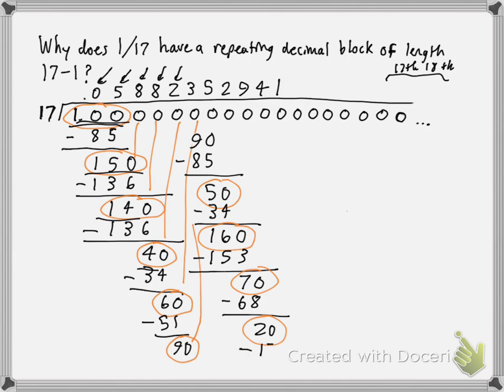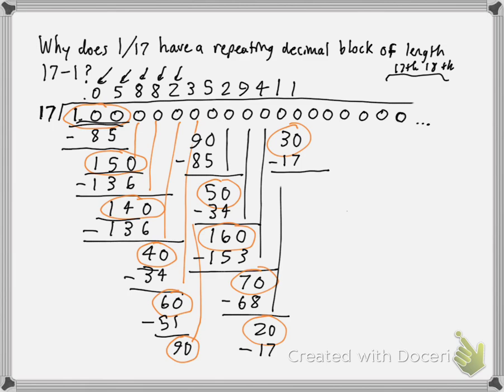We subtract 20 minus 17 to get 3, carry the 0, and get 30. A new multiple of 10 pops up. And 17 goes into 30 once. Subtract 17 from that. 30 minus 17 is going to be 13. And then we carry a 0 down.